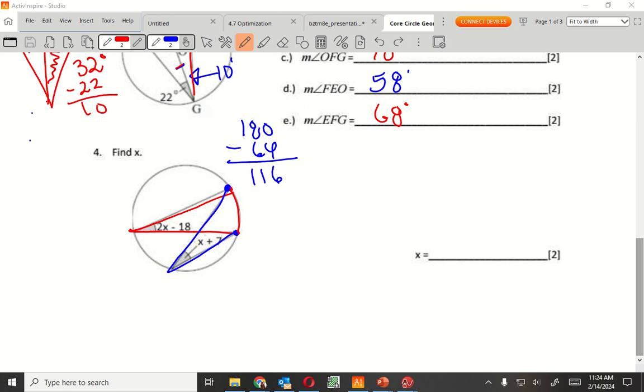So I could say that 2x minus 18, as long as they're both inscribed, yes, they have to be inscribed, is going to be x plus 7. Let's go ahead and do a little bit of algebra.